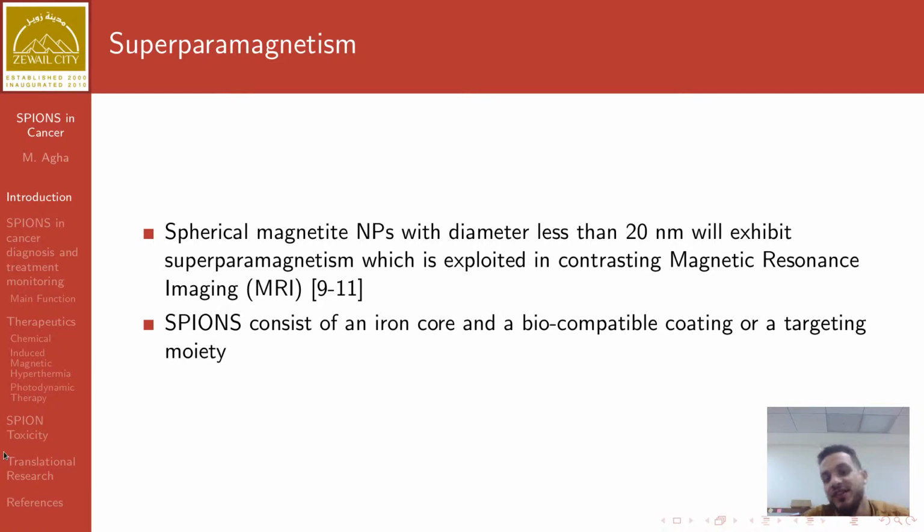So the SPIONs have the coating that other molecules see and interact with, and also they have a targeting moiety. It just might mean like a key which might unlock some doors, which in this case are cancer cells, which we need to attach to in order to target these cells to see how effective the treatment is going.